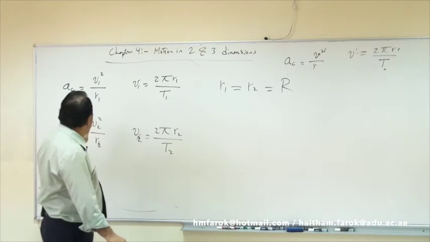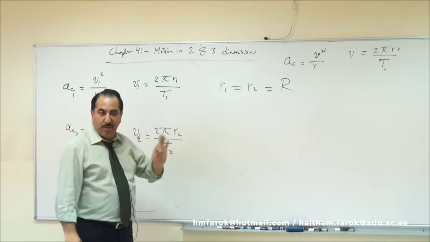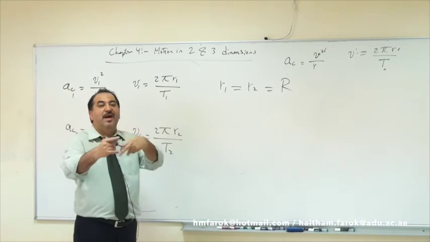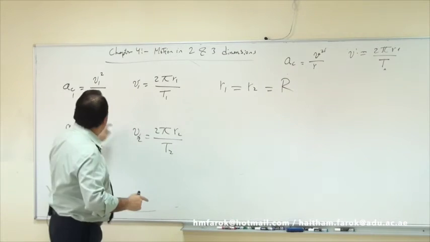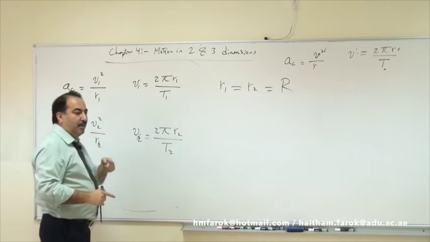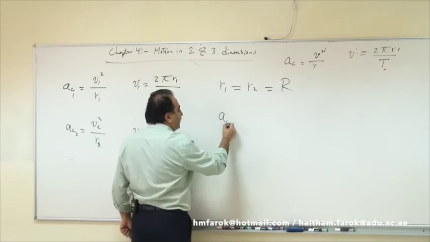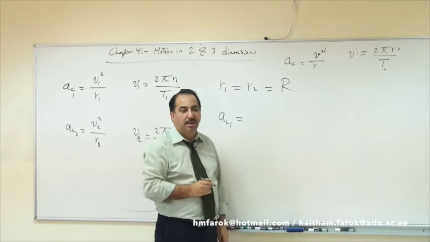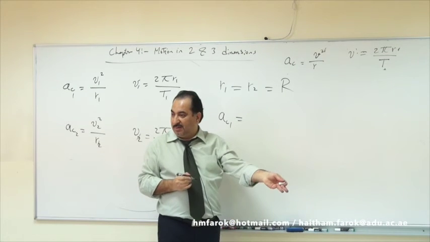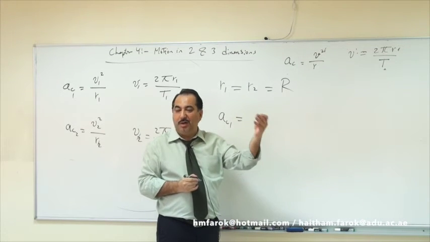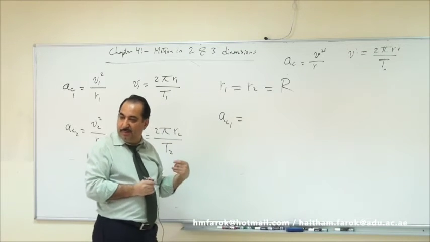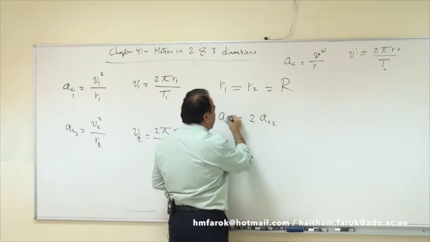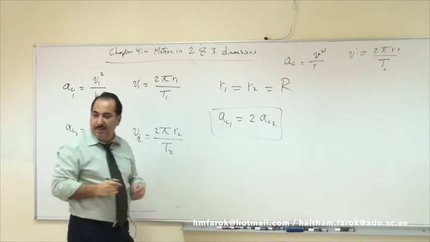So still I have T1 and T2, and there is no link between those two. You have to find the link. But AC, what does the question say? The AC before, the original, is twice the new one, or the new one is half of that. So I'll put it this way: you'll have AC1 equals 2 AC2. All right?